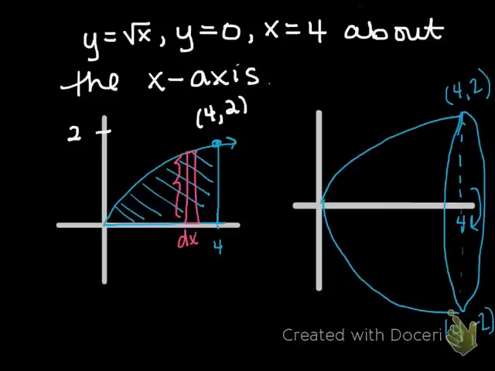Now, if we look at that cross-section, the rectangular strip that we had for the area problem, when we find that cross-section, we now have this disk.